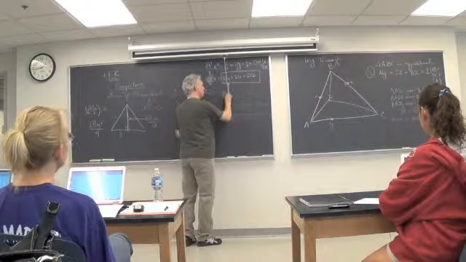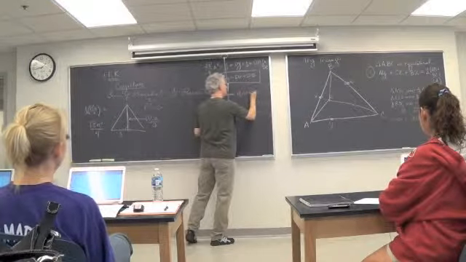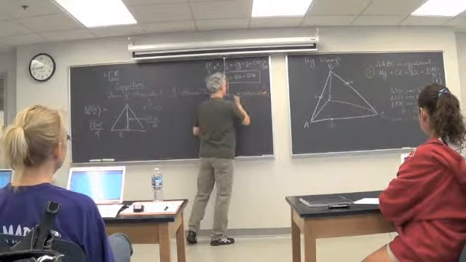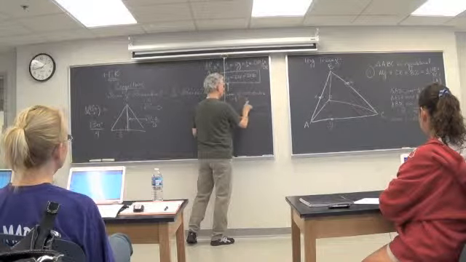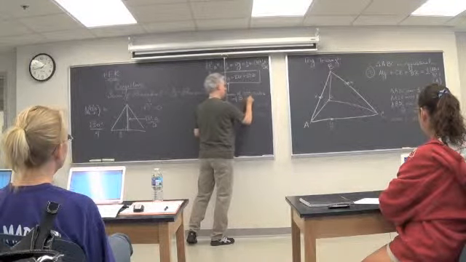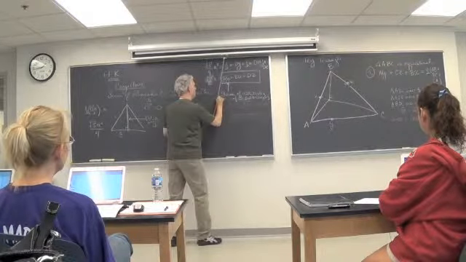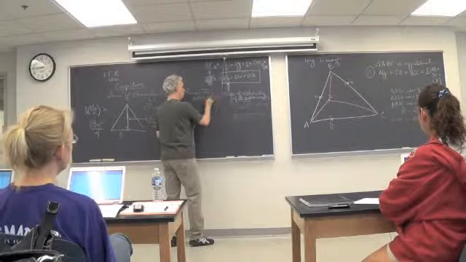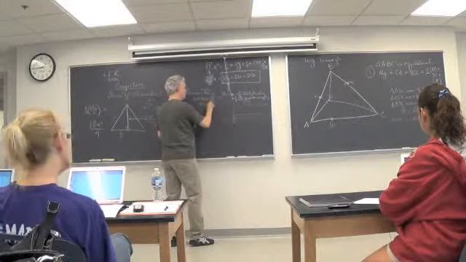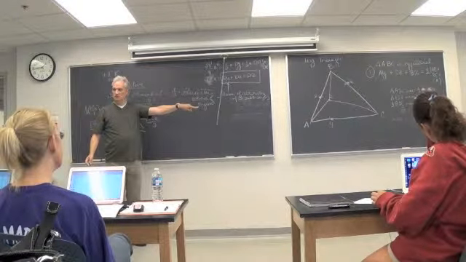Oh, so this is something new that we had. Sum of altitudes of the 3 subtriangles equals the altitude of the original, no matter where that point is, if it's equilateral.